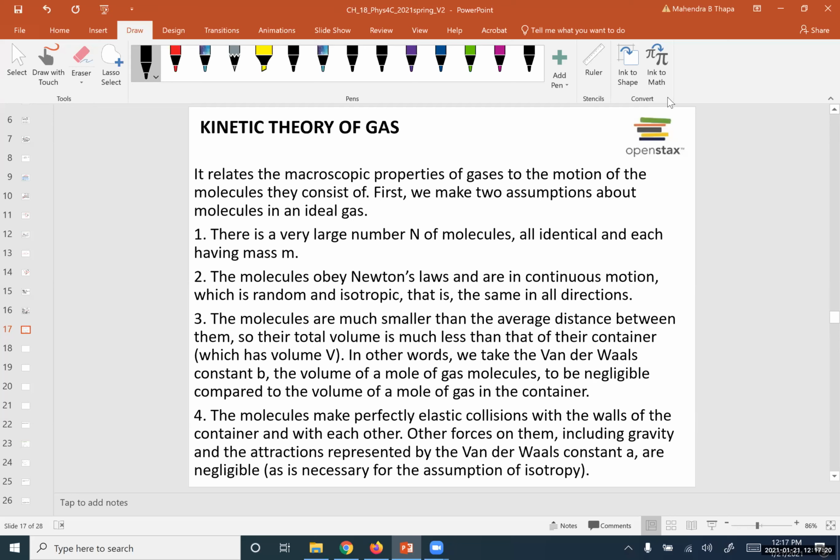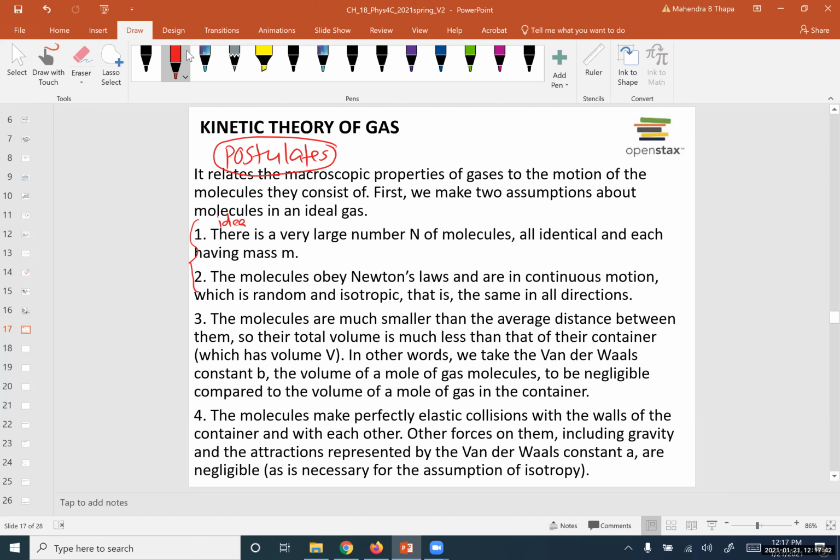So let's talk about the kinetic theory of gas. These are the postulates of the kinetic theory of gas. These two, 1 and 2, we have only seen to be true for an ideal gas.